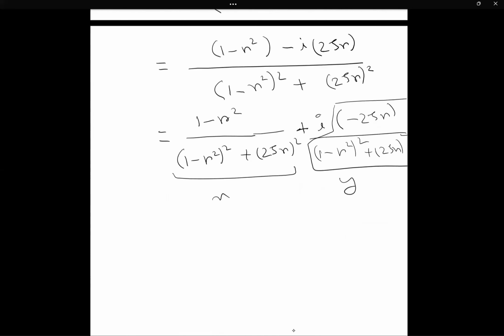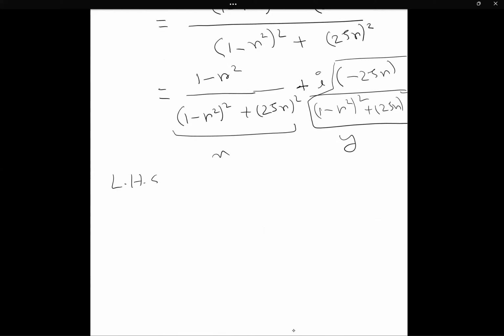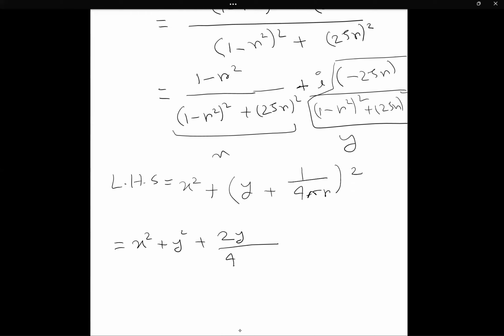We'll put the value of x and y into the left hand side and see if we can get the same value as the right hand side for proving. So our left hand side is given as x squared plus (y plus 1 by 4 zeta r) whole square, or if I simplify it, x squared plus y squared plus 2y divided by 4 zeta r plus 1 by 4 zeta r square.